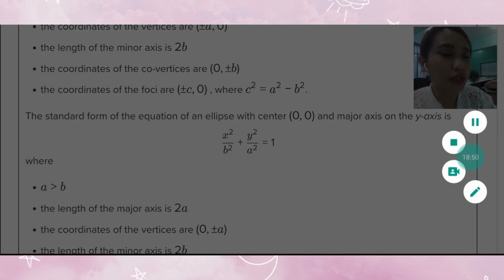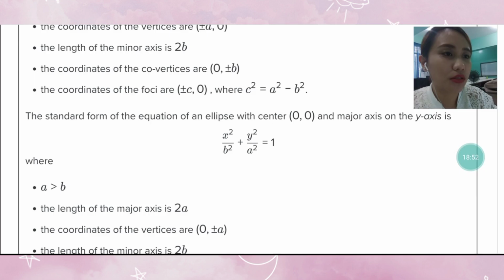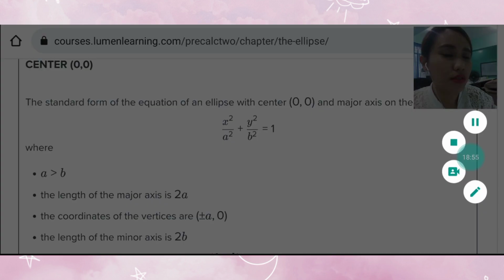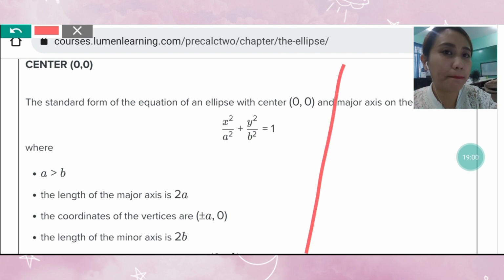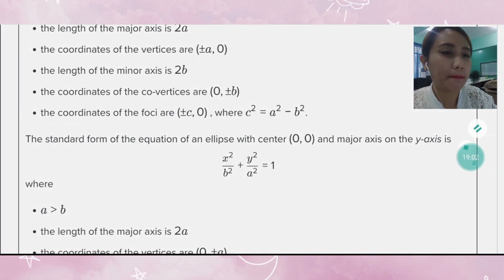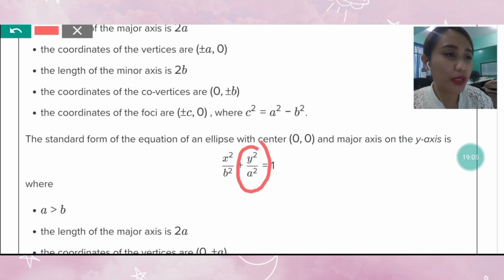Earlier, a was below x squared. This time, a is below y squared. So that's an indication. If a is below the x variable, the ellipse is horizontal. If a is below the y variable, it's a vertical ellipse.